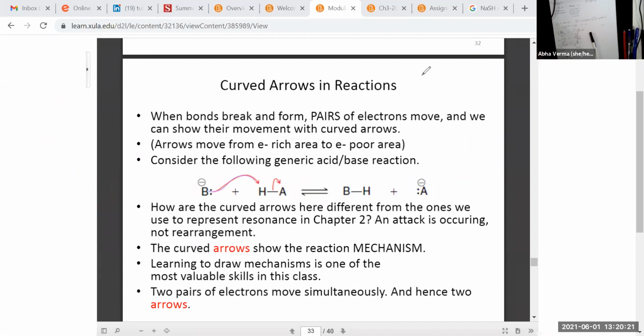Our first arrow is the abstraction of this hydrogen. The second arrow shows the breaking of the bond and all of the electrons from the bond going to this atom which is next to it. Okay. So now the electrons belong to A.